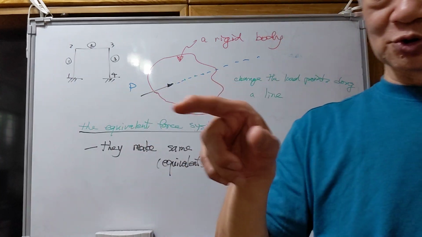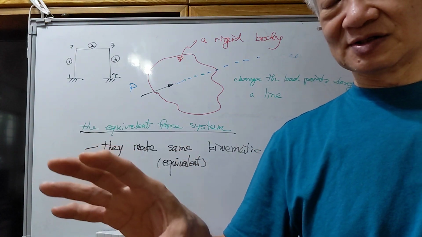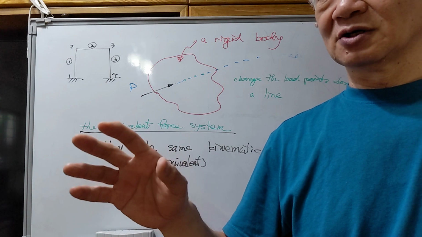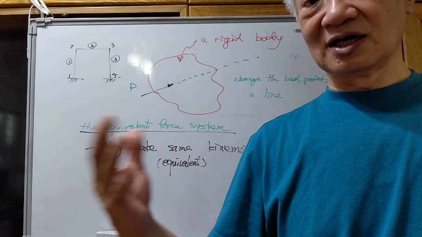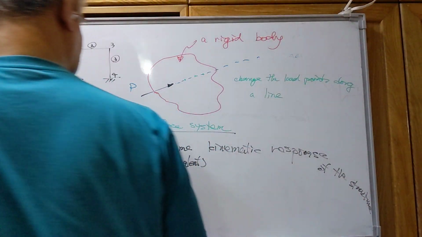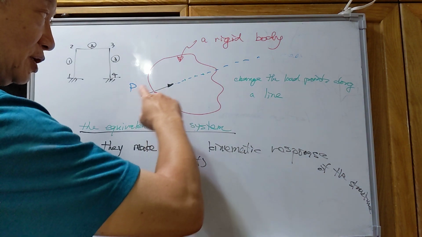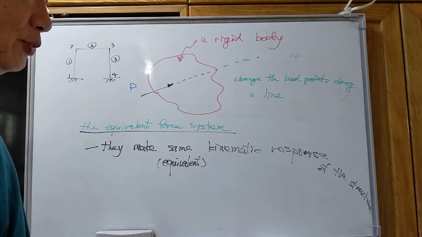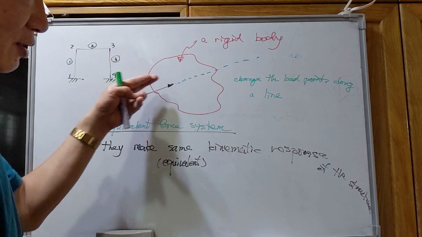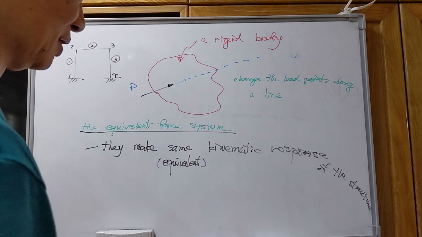But if you change the load point, the observed displacement, velocity or accelerations are the same. So it is one kind of equivalent force system. We can change the load point along the same line, and for the rigid body it will cause the same kinematic response.